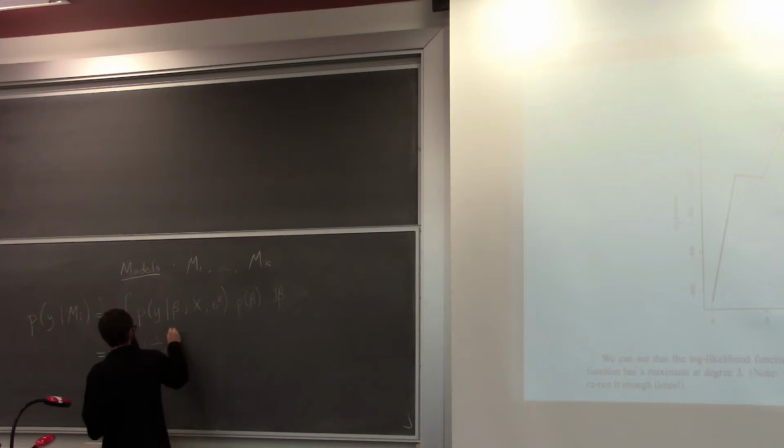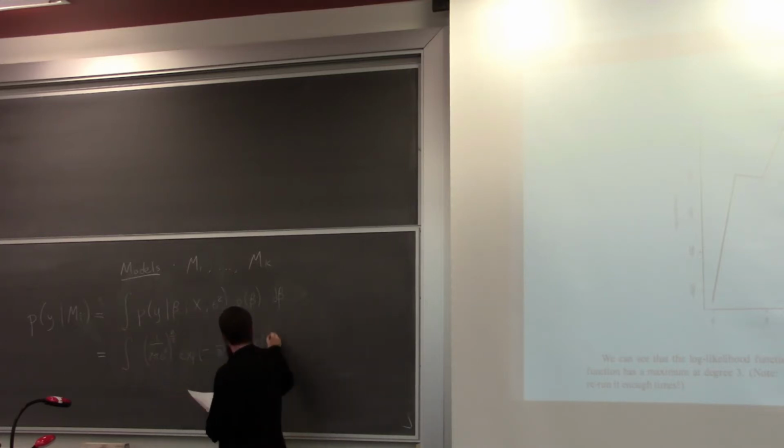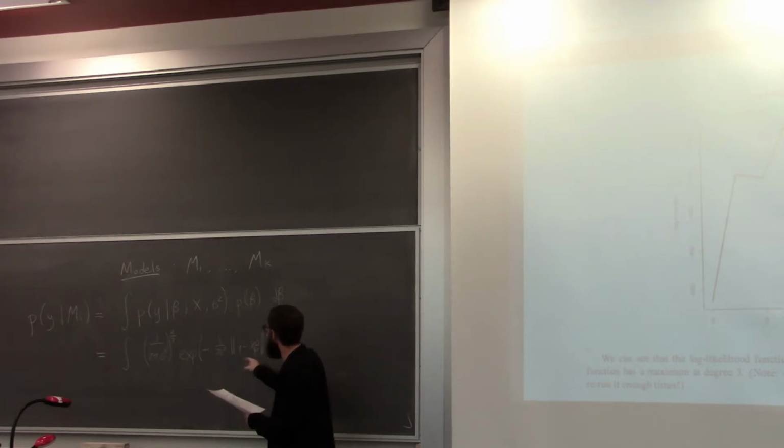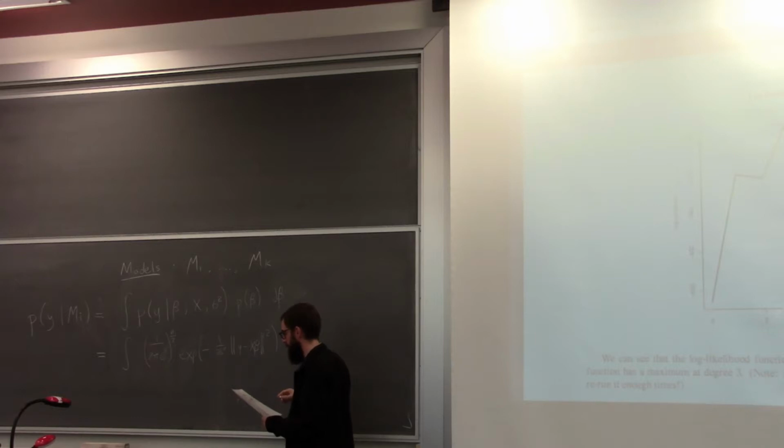I just get a normalizing constant times a Gaussian in the norm of y minus X beta squared, like so. So that's the likelihood term. This is just what we wrote down last time.